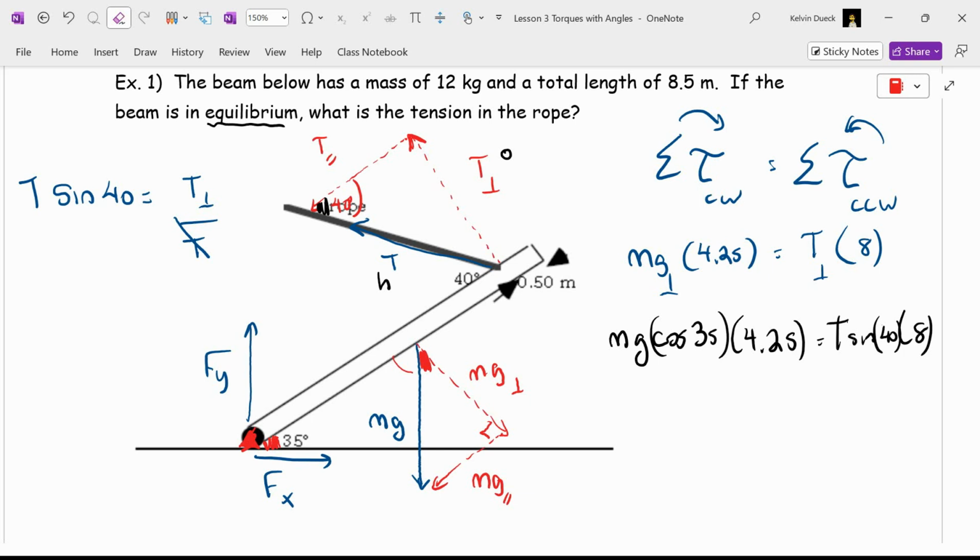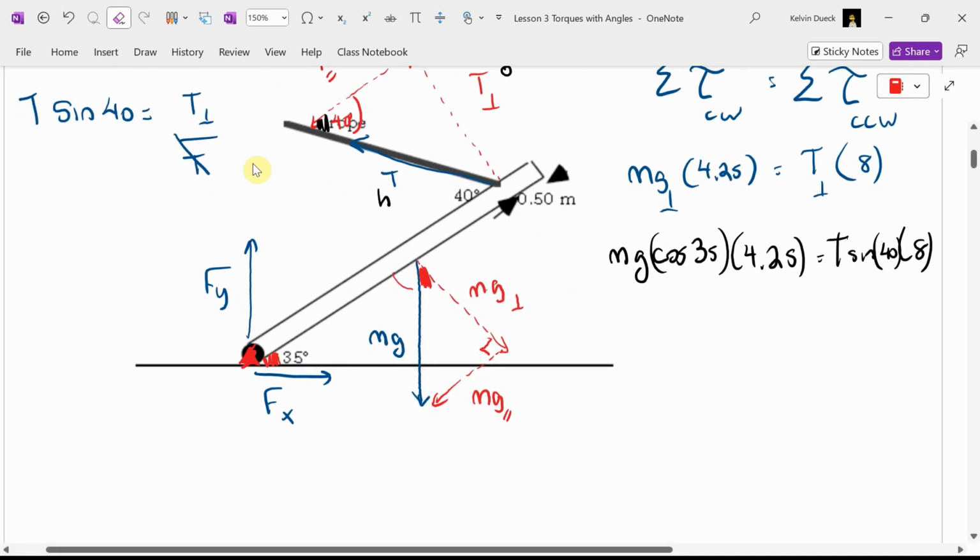I don't know if you remember, I said I kind of like these questions because this has been a lot of work to get here. But then at the end, what were they asking me to find? The T. Get the T by itself. How would I move the sine 40 and the 8 over? And you kind of end like, oh, that was kind of anticlimactic. After all that setup, I can get that by itself.